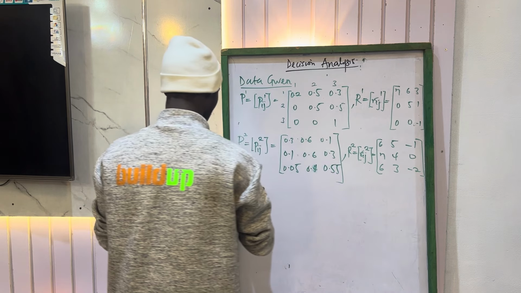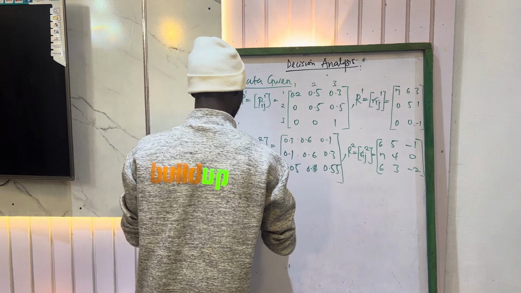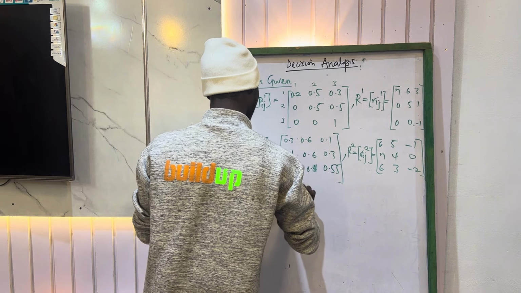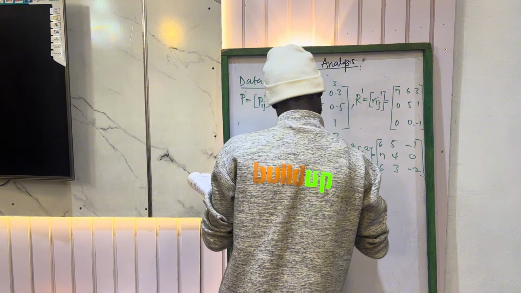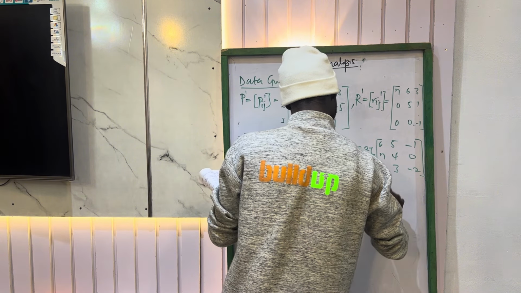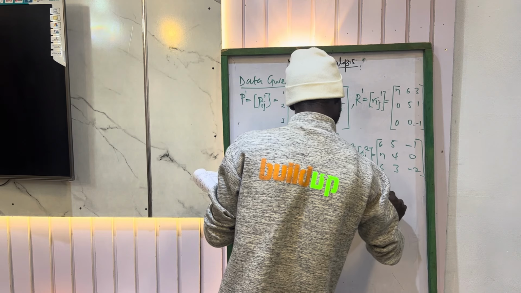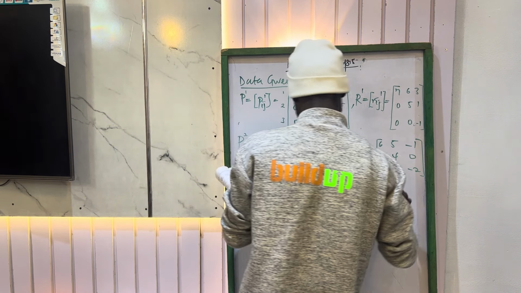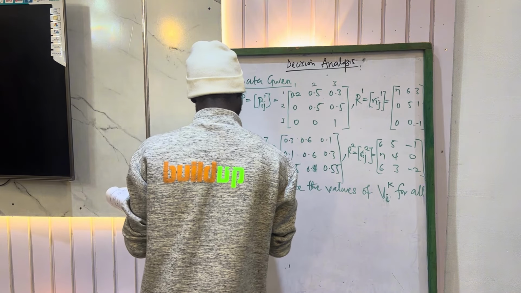What is the aim? So the aim is to compute the values of VIK for all I. What is I? I is the state.